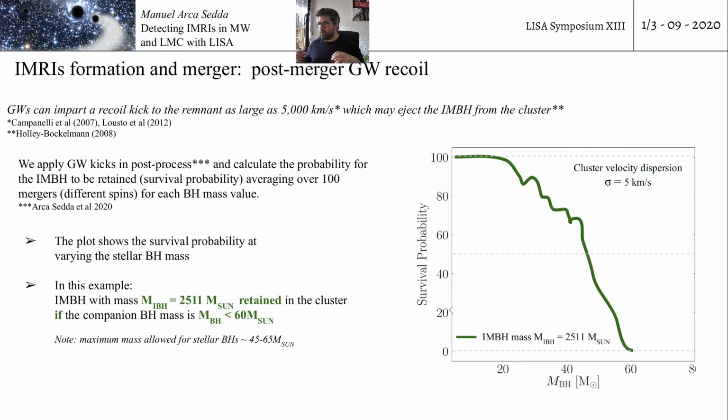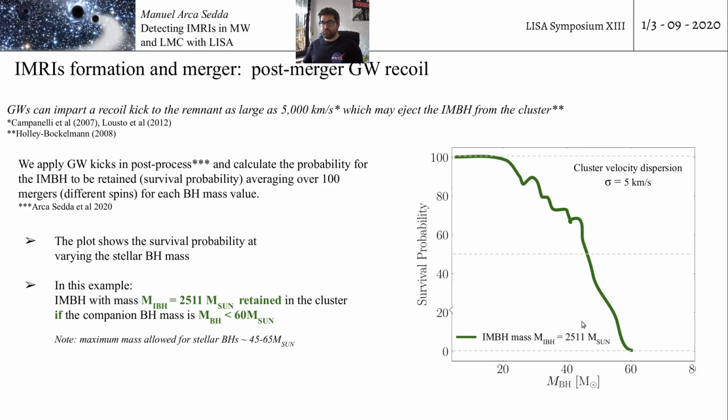Then we have the IMRI formation, we have the merger process, and then a gravitational wave kick can eject the IMBH out of the cluster, and thus limit the further growth of such an object. What I'm showing here is the so-called survival probability or retention probability for an IMBH with a mass of 2,500 solar masses in a cluster with a velocity dispersion of 5 km per second.